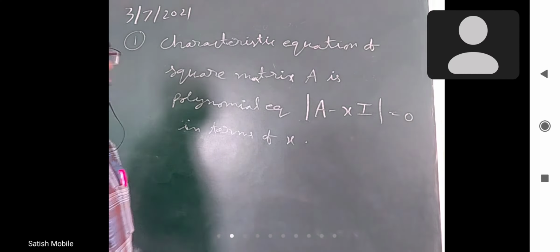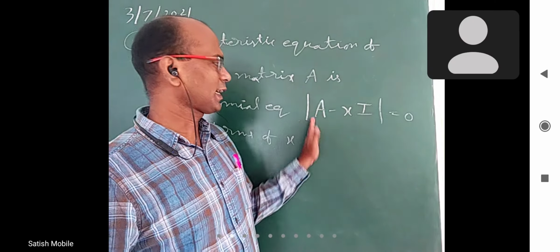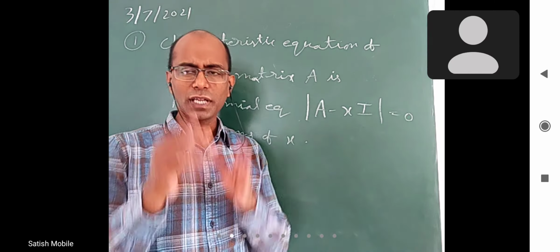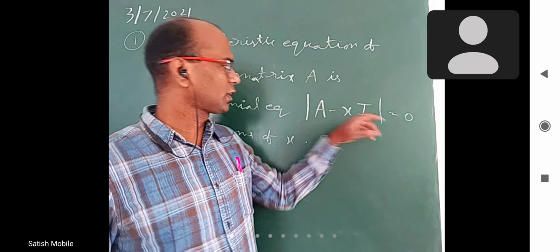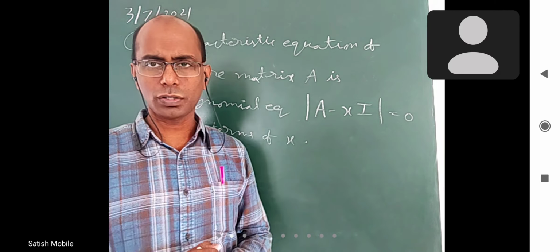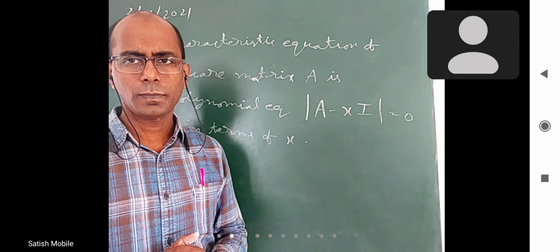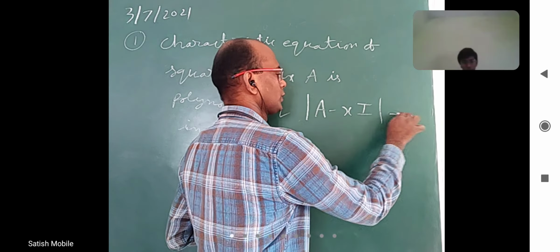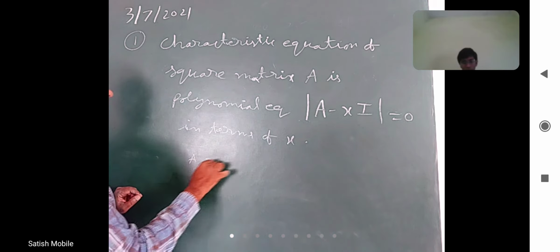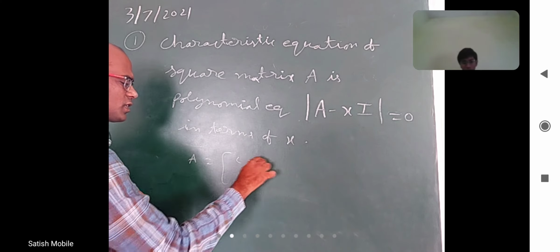So if you take a square matrix A, take A minus x times the identity matrix, take the determinant, expand it, equate it to 0, you will get a polynomial equation, or not? For example, let us say I take A as 2, 3, 5, 7.